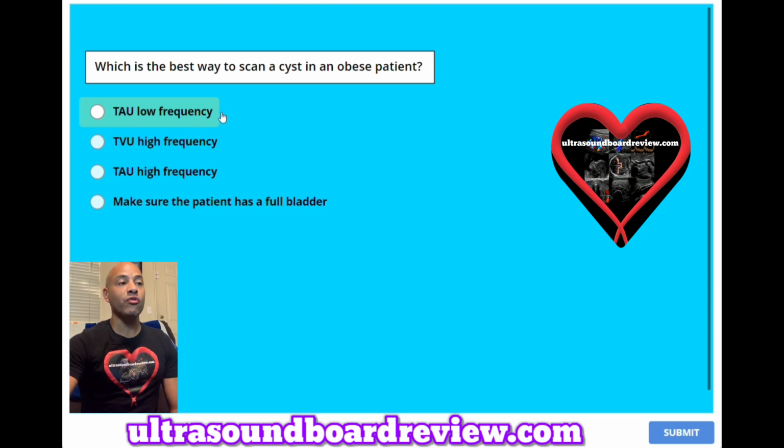A. Transabdominal ultrasound low frequency, B. Transvaginal ultrasound high frequency, C. Transabdominal ultrasound high frequency, or D. Make sure the patient has a full bladder. The answer is B, transvaginal ultrasound with high frequency.